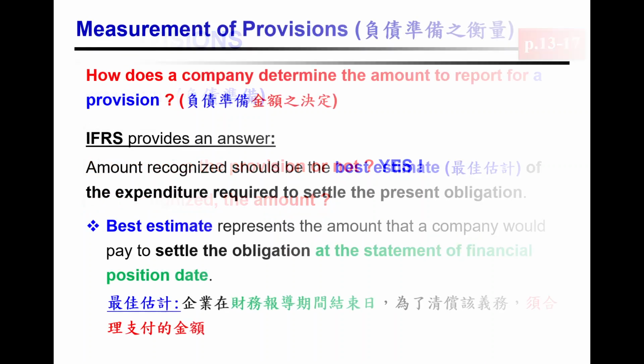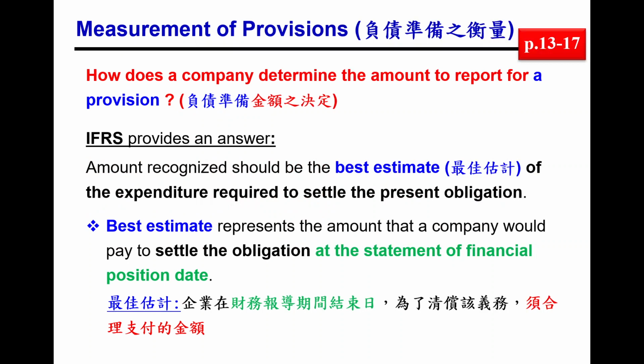That's why the accounting standard tells you to try to get your best estimate. So still, accounting cannot tell you which number it is. It just tells you to try to get the best estimate for your number.